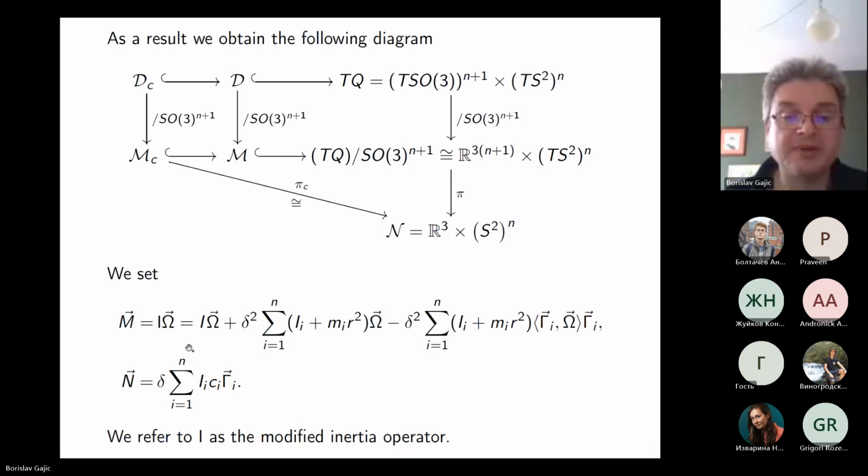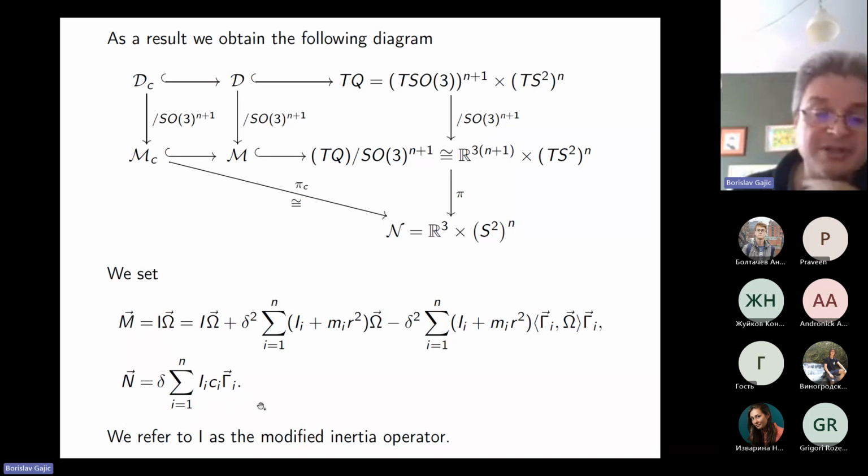And if we set M to be I omega, where we have I omega plus this very huge term, and vector n by this term depending on the constants and directions of the balls and moments of the balls.